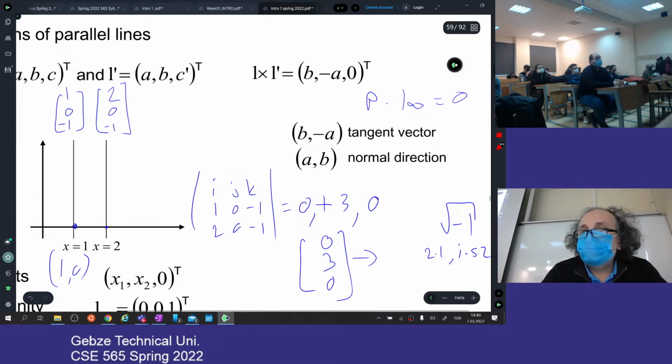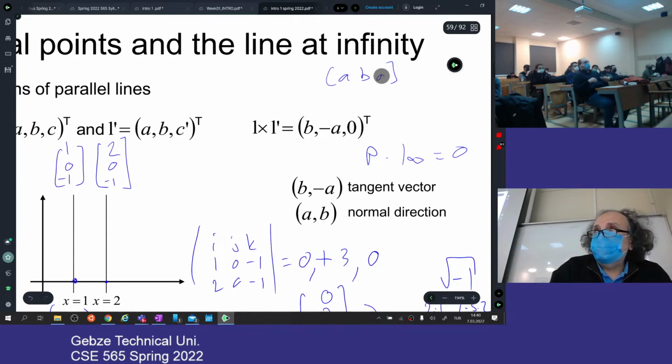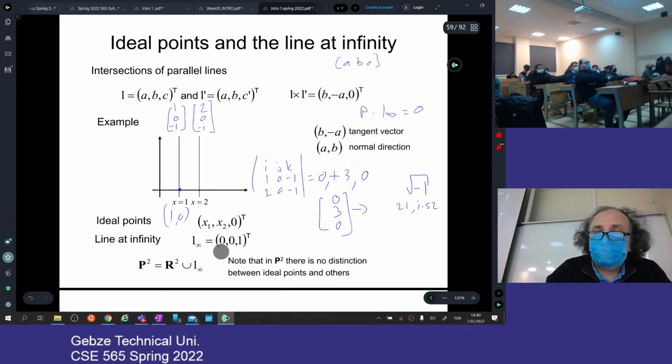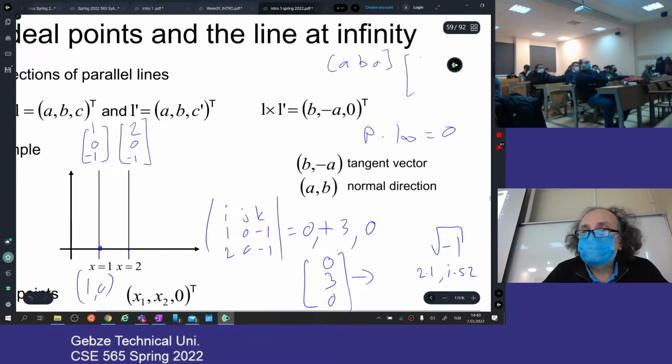So what kind of points are at infinity? It is all A, B, 0, right? If this product is 0, that means it's a point at infinity. What is my line at infinity? It is 0, 0, and 1. As you see, whatever A, B values I have doesn't matter.